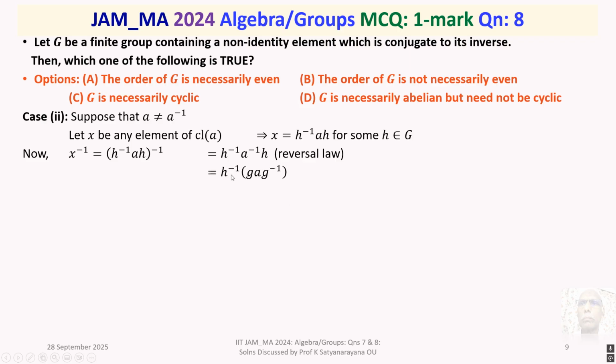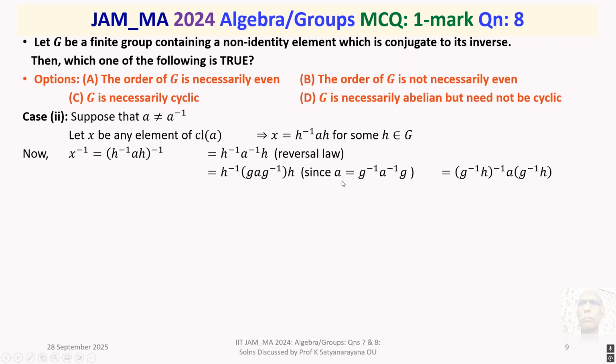So for A inverse, we write in terms of A. We have A is equal to G inverse A inverse G. We have this from the last slide. So for A inverse, we write G A G inverse.